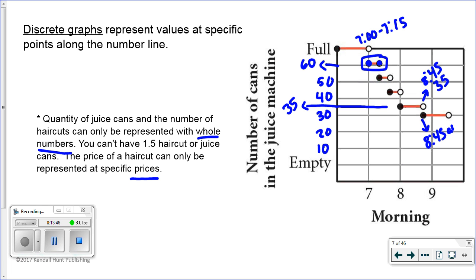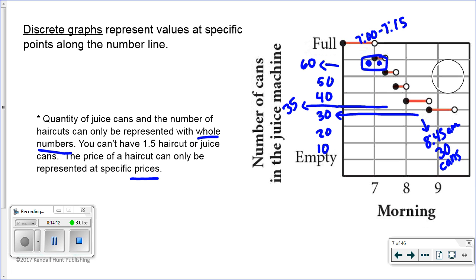The time hasn't changed, same value on my y-axis, I jump down to 30 cans. Right, so those values on a discrete graph are going to jump from one value down to another value, in this case, 8:45, again to 8:45.